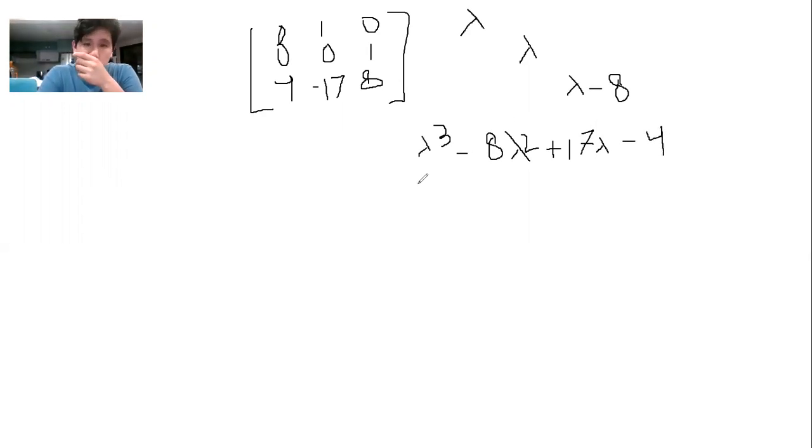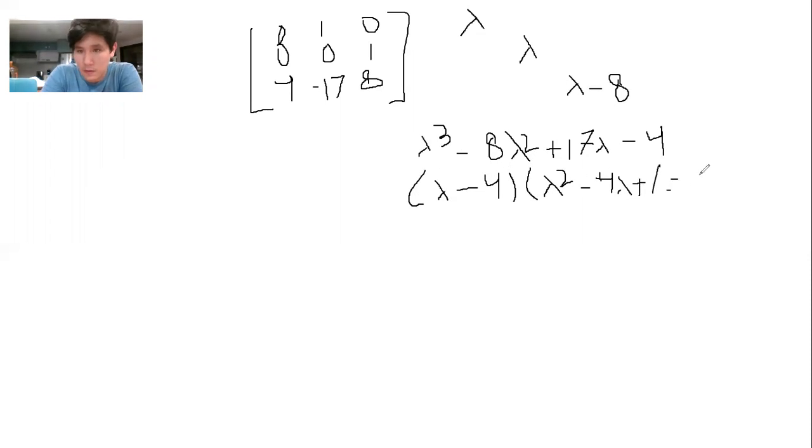So we have to factor this equation. So it will be lambda minus 4 times lambda squared minus 4 lambda plus 1 equals 0.